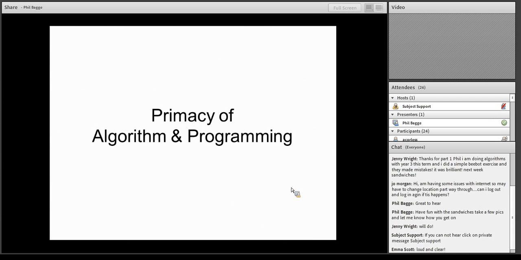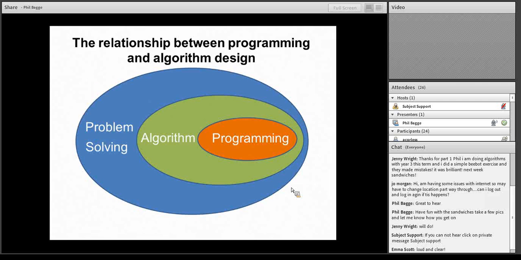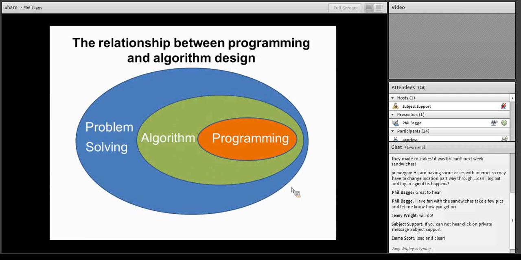Okay, here we go. I think it's probably worth saying, before we get on to looking at different programming languages, the relationship between programming and algorithms. One of the things I find is that people often don't really understand how these two click together. They understand that an algorithm is a precise step-by-step guide to achieving something, to sorting out a problem.